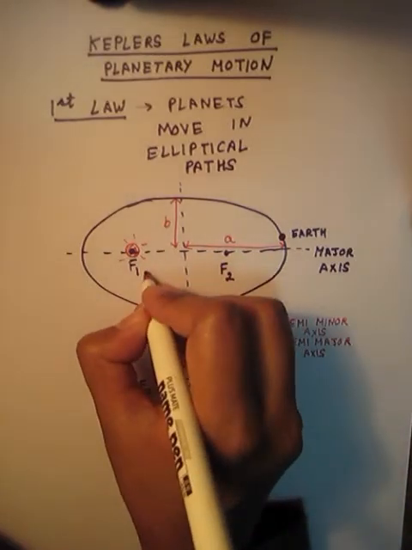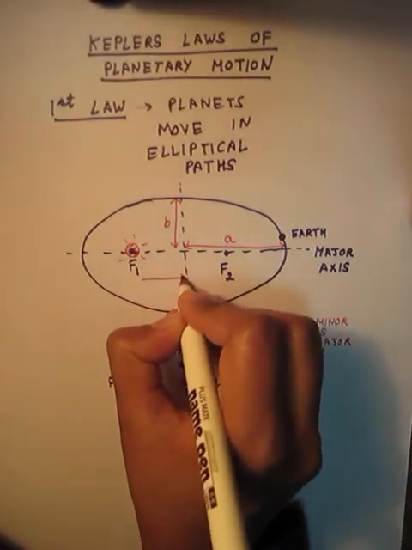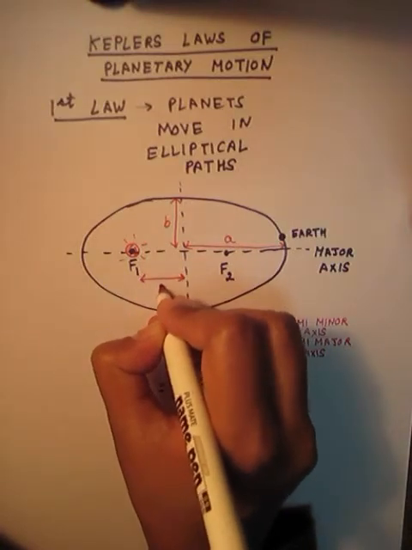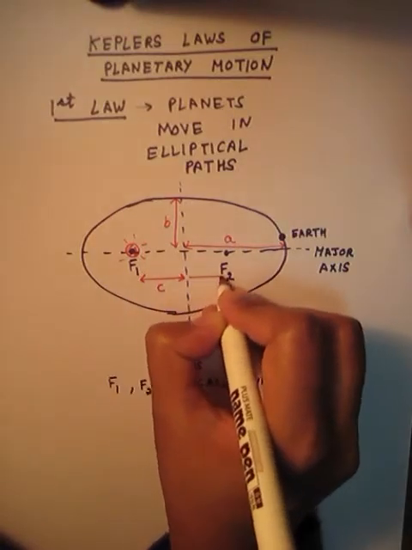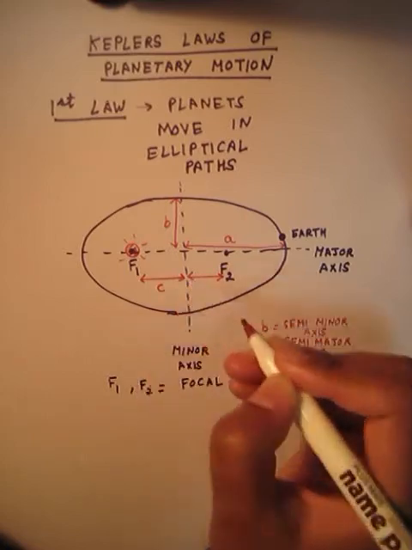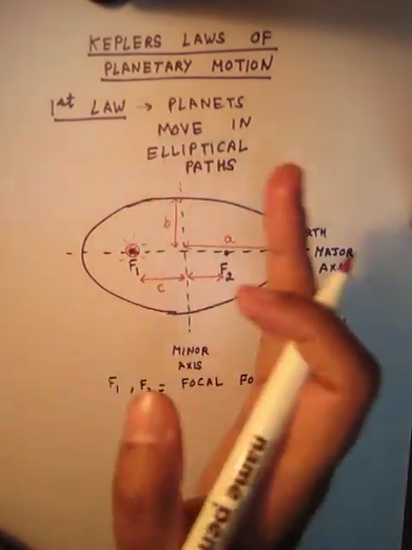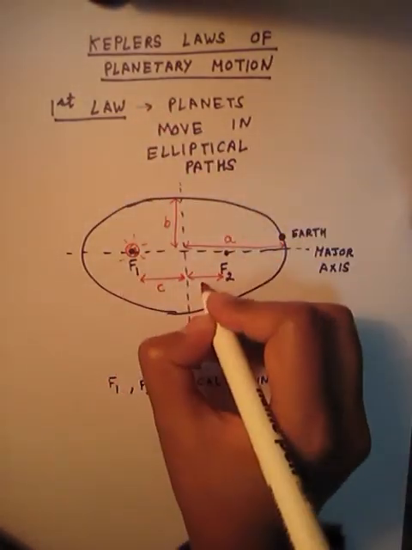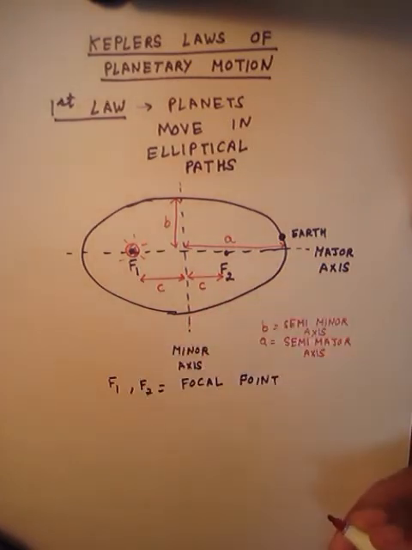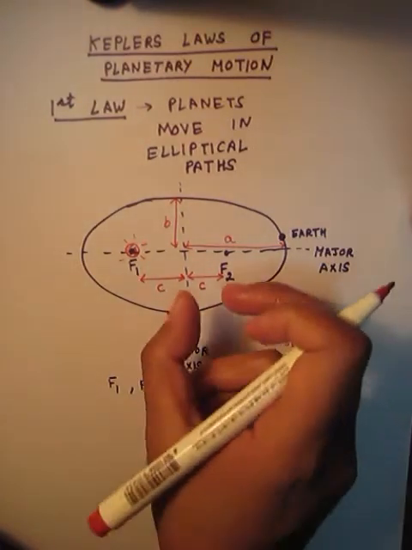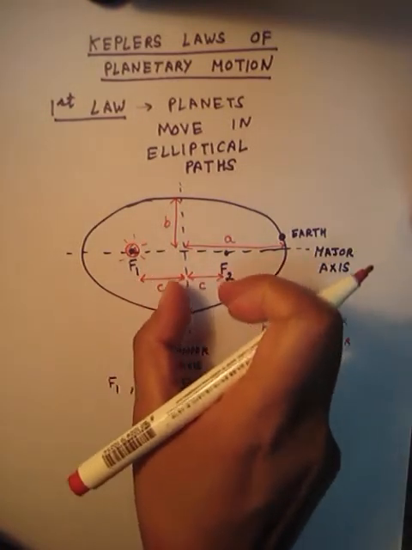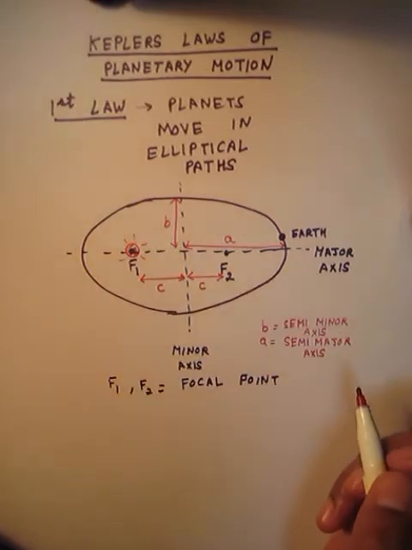And the distance from the center to one of the focal points, this distance, is C. And because the minor axis is just at the center of the ellipse, F1 and F2 will be at equal distance, and it will also be C. So from the center, F2 and F1 are at equal distance.